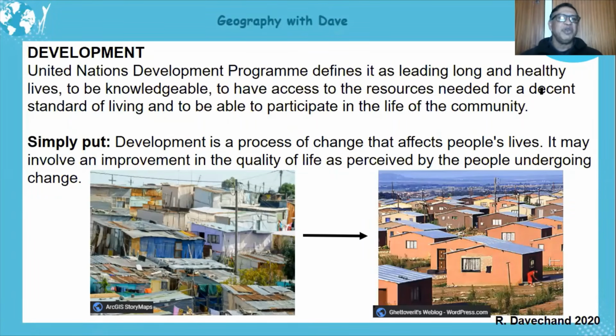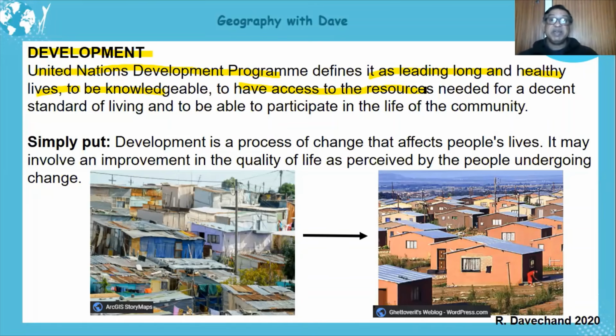Let's first of all look at what is development, and how the United Nations Development Program defines it. It defines it as leading a long, healthy life, to be knowledgeable, so good quality of life, to have skills, to have access to resources, whether it's your needs, housing, education, sanitation, institutions for study.